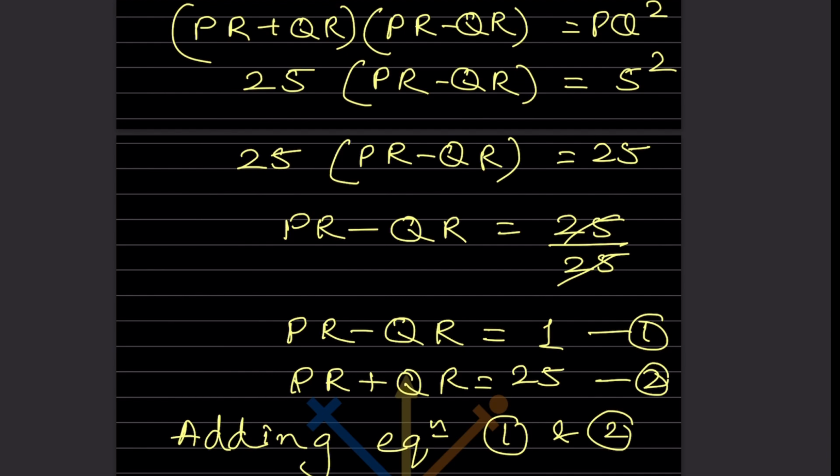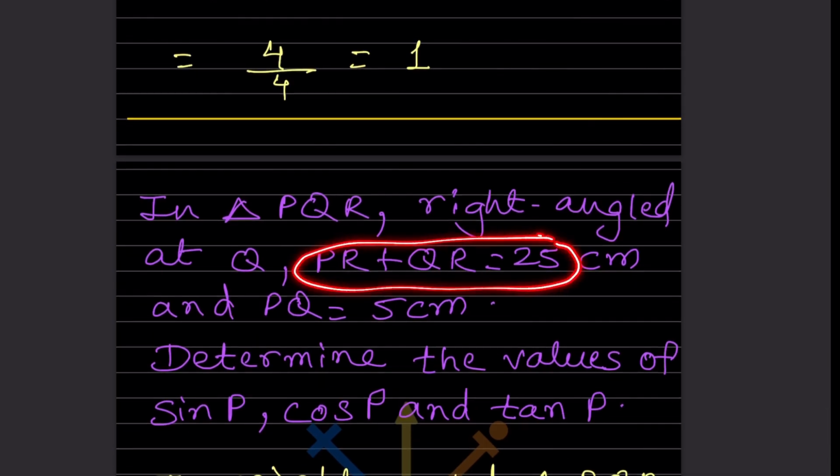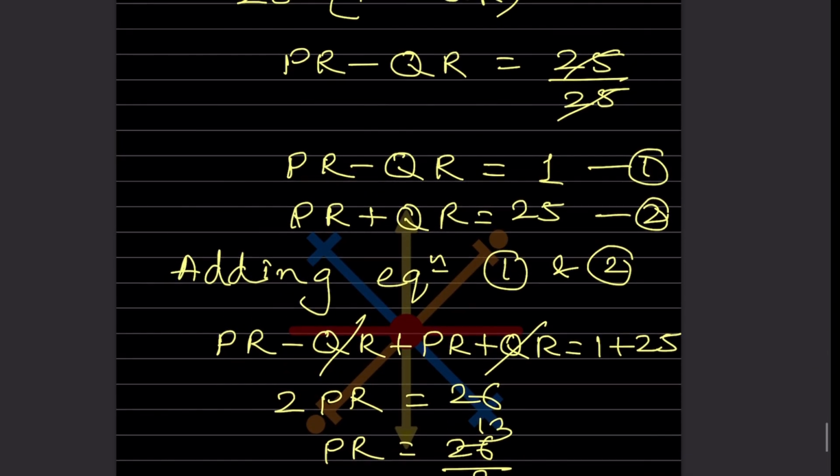And in the next one, what we have is already given, that PR plus QR is 25, which is given in the question. Let us consider this as equation number 2. Now when we add equation number 1 and 2, what do we get?